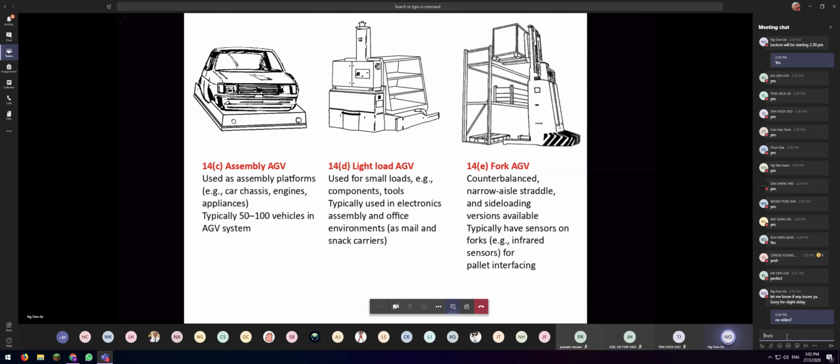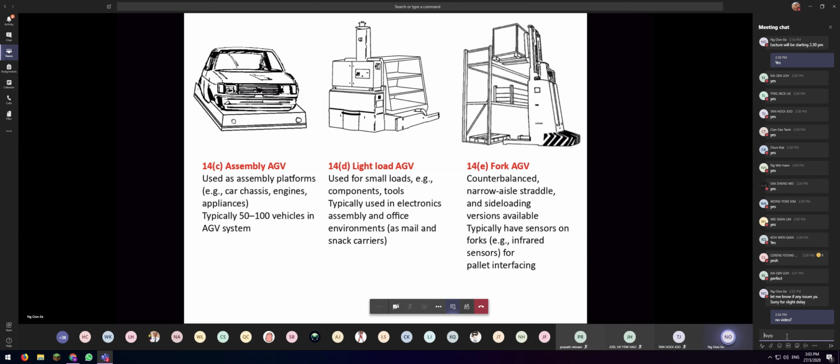These can be used when a user requests, I need this batch of screws, and the AGV will be moving around and fulfilling the orders within the environment. This is not just in manufacturing environments; in your office environments, delivering mail and things like that, you can also use this.